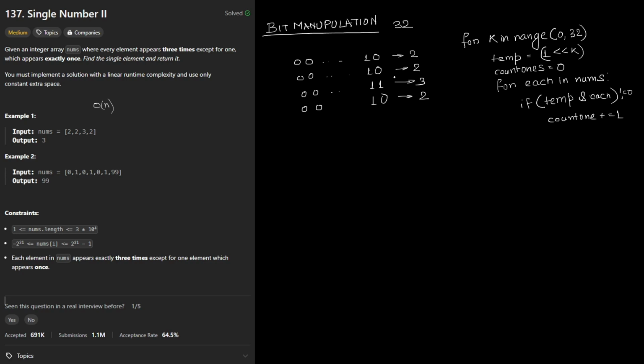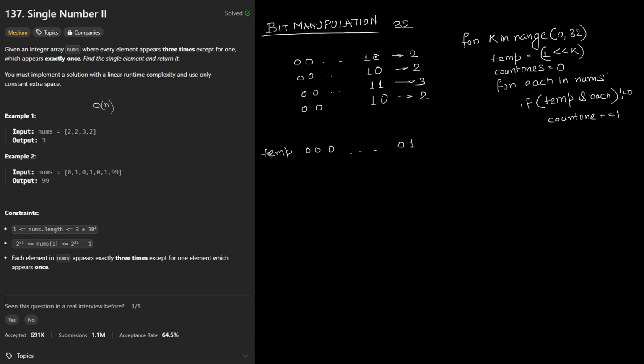So how is it going to work? Initially the temp value is shifted to the 0th position, so the kth value of temp would be 0 0 0 up to 32 bits, and the last would be 1.